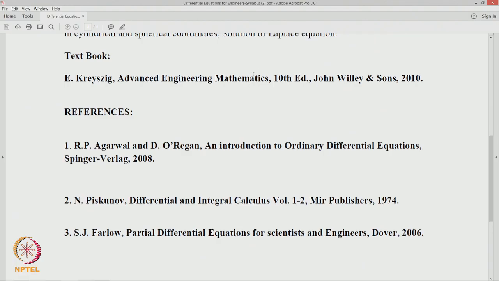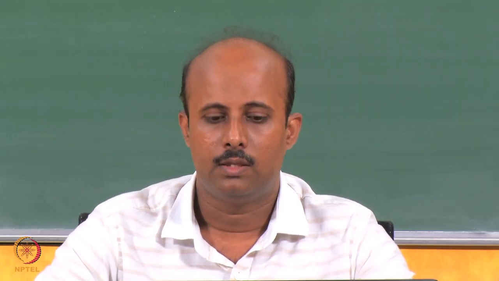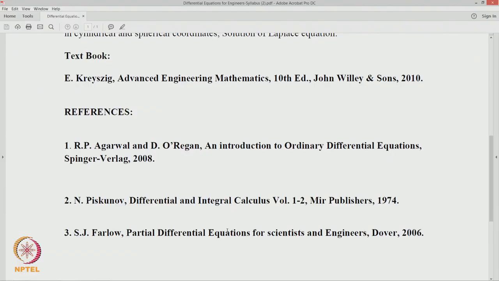You can also look at this book, Partial Differential Equations for Scientists and Engineers, Dover publication, by Farlow, S.J. Or there is a book called Mathematical Methods for Scientists and Engineers by Tang. It has 3 volumes, and I think in the third volume you can find partial differential equations. I have not shown that here. There are many books you can go through.